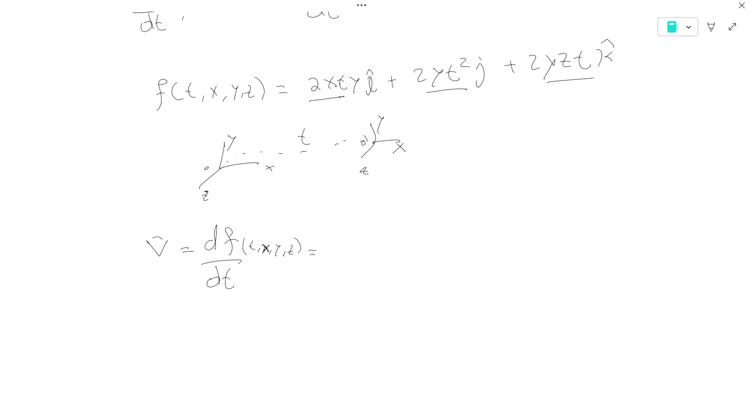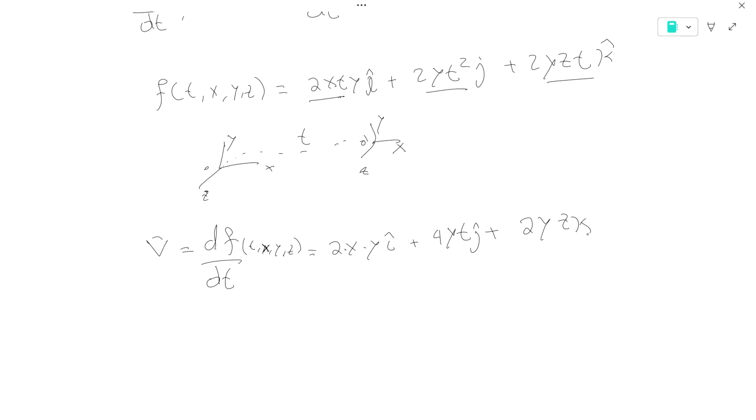It is going to be 2x y in i plus 4y t plus 2y z. So we're just deriving here.